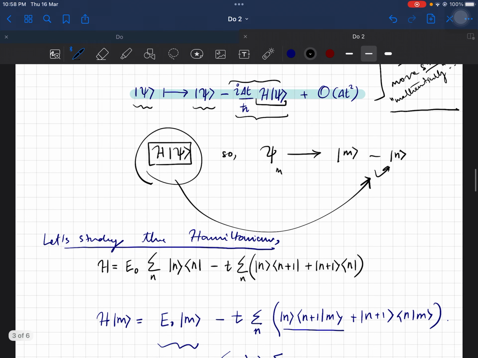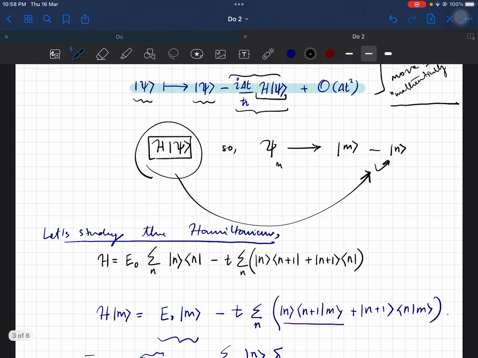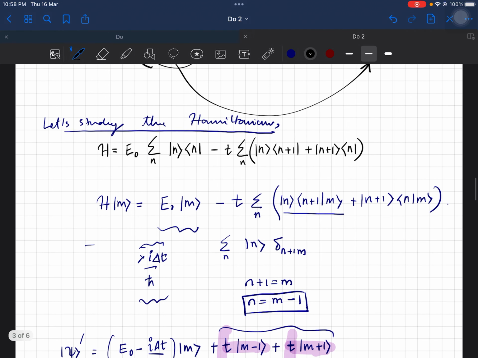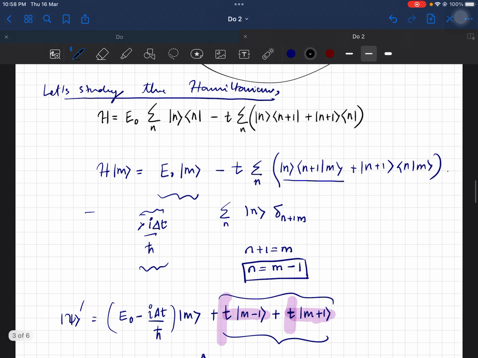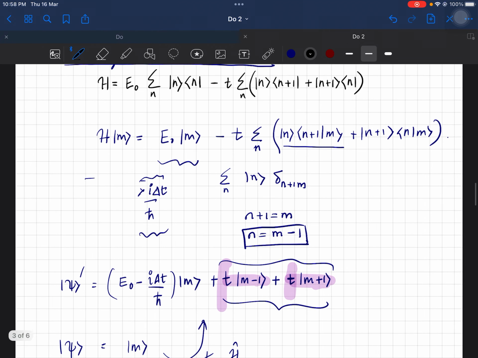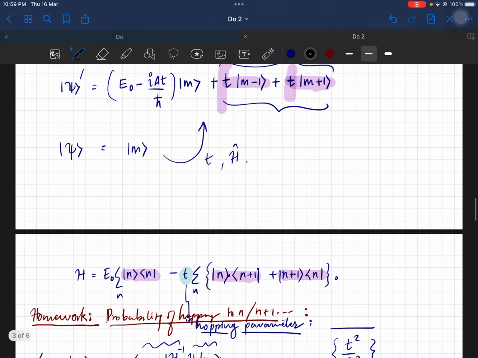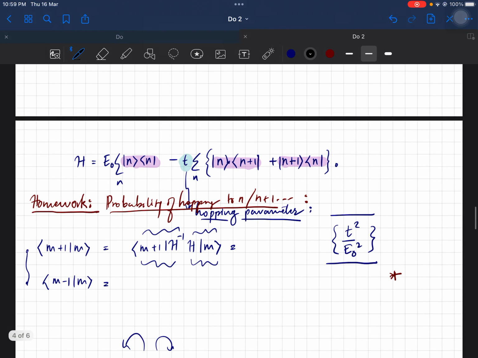So I kind of back-studied the Hamiltonian that Tong proposed in the lecture notes by applying it on an arbitrary state m, and saw that it mixes with the m plus 1 state and m minus 1 state. That's what we mean by hopping, right? There's a probability to that. Tong claims that it's probability of t squared by E naught squared.